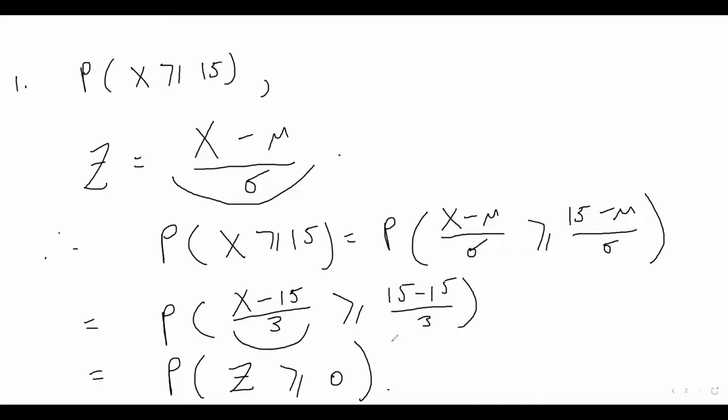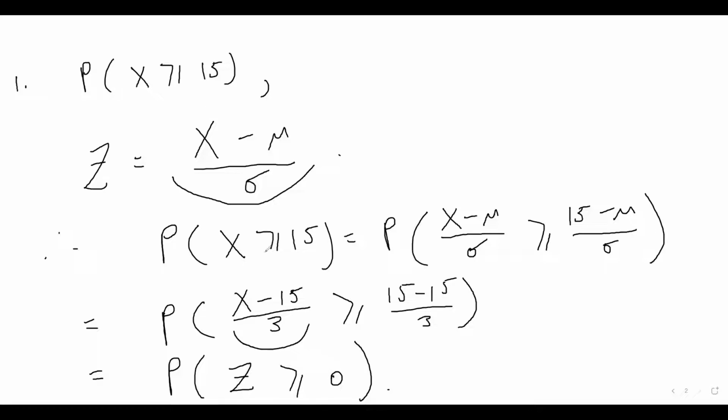Is it a table that gives values for the right tail or for the left tail? So the one we're going to use in this case is the one that deals with the right tail.